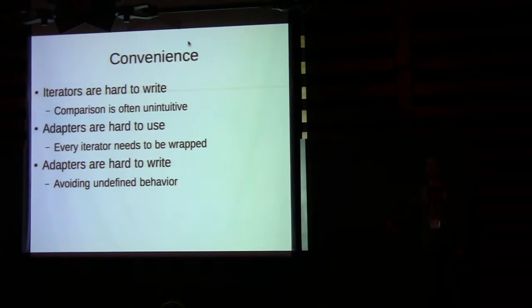And the third claim I'm making is that adapters for iterators are hard to write. So adapters are sometimes hard to write even for ranges, but I've written a filter iterator, and once you get how it works, it's not that complicated, but it's not easy. You have to realize that when you increment the iterator, you might actually go past the end of the range. So you need to store the end iterator in your iterator adapter to make sure you don't go past that.